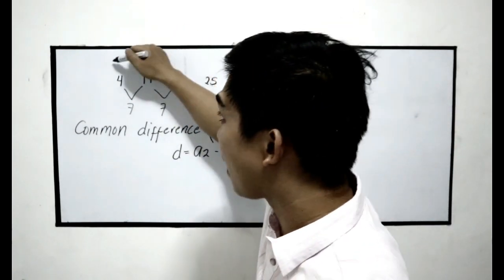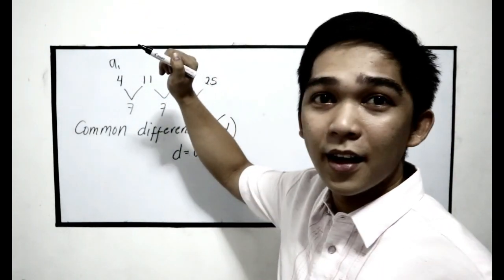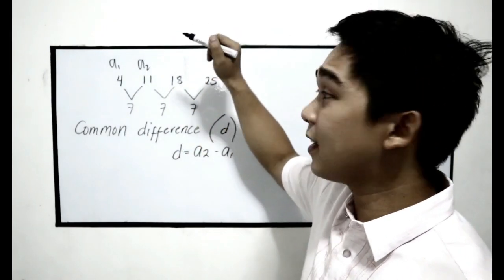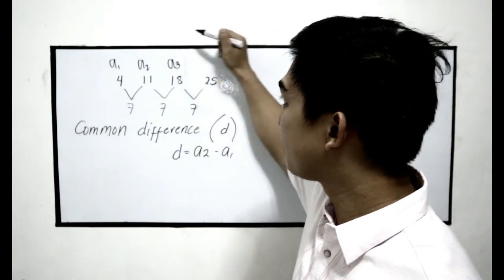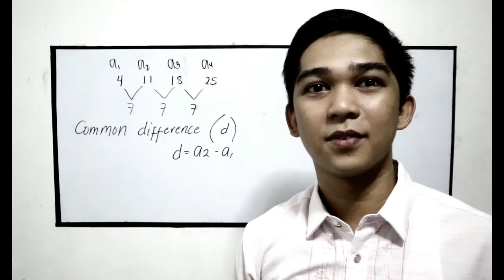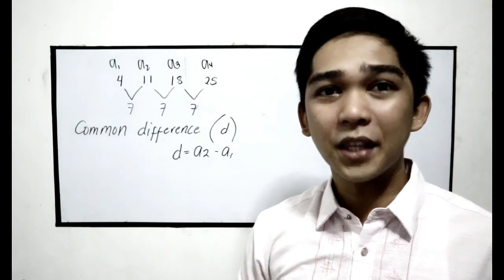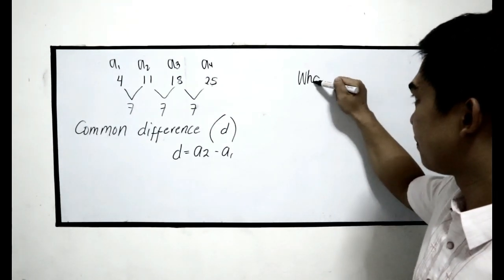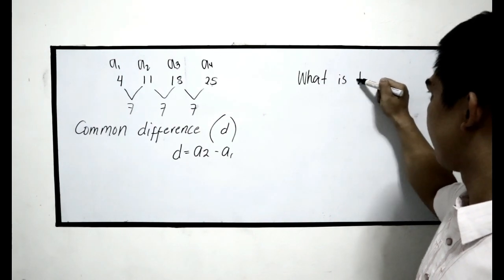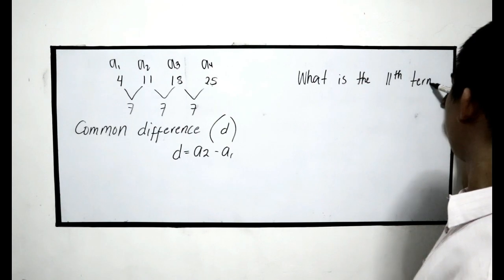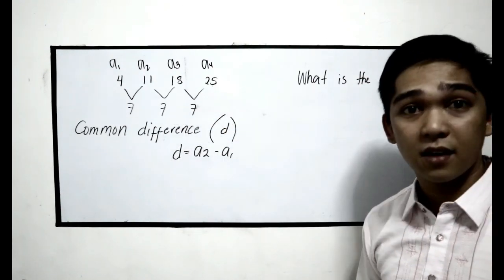A1 is our first term, A2 the second term, A3 the third term, and A4 the fourth term. What if your teacher asks you, what is the 11th term of the arithmetic sequence?